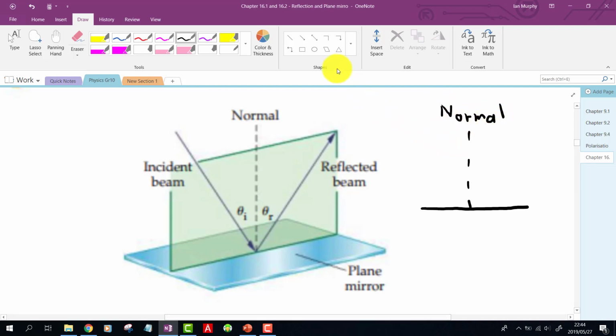Then we have a ray coming in like that, and a ray going out like that. Let's use a different color. This angle here is the angle of incidence, and this angle here is called the angle of reflection.